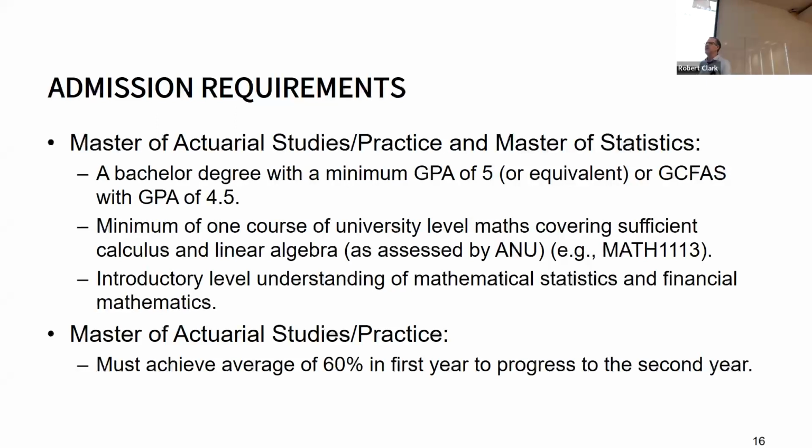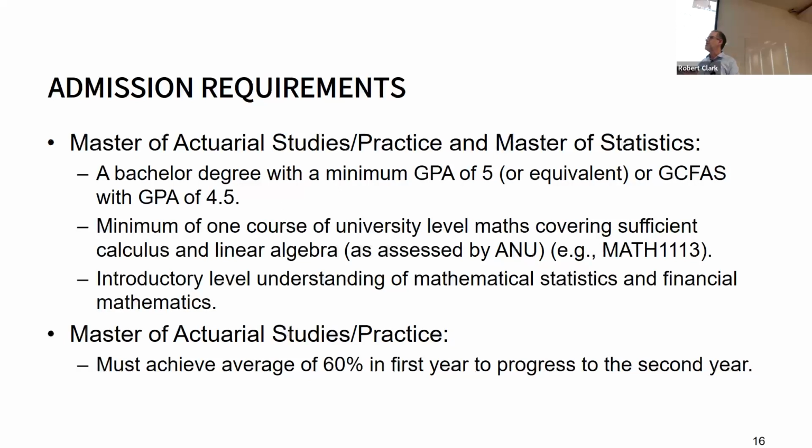Maybe this is not so directly relevant to most of the people listening to this because you're probably already in one of these degrees, but I'll just go through the admission requirements a little bit. For the 3 master's degrees, the requirement is a bachelor degree with a minimum GPA of 5 or equivalent.